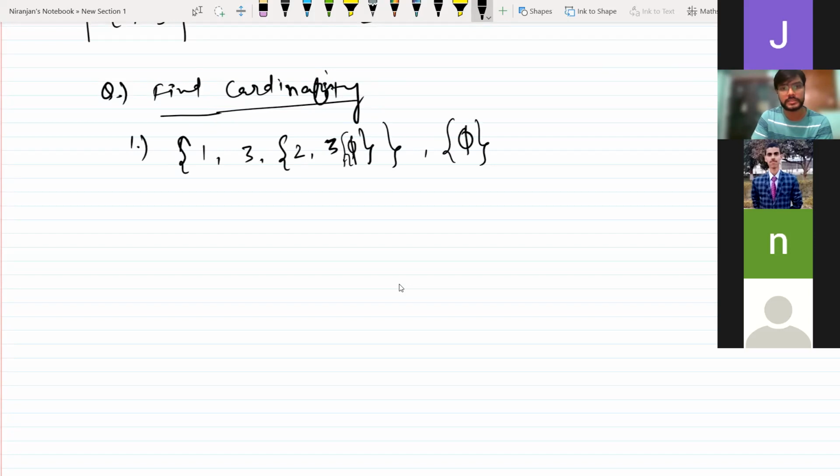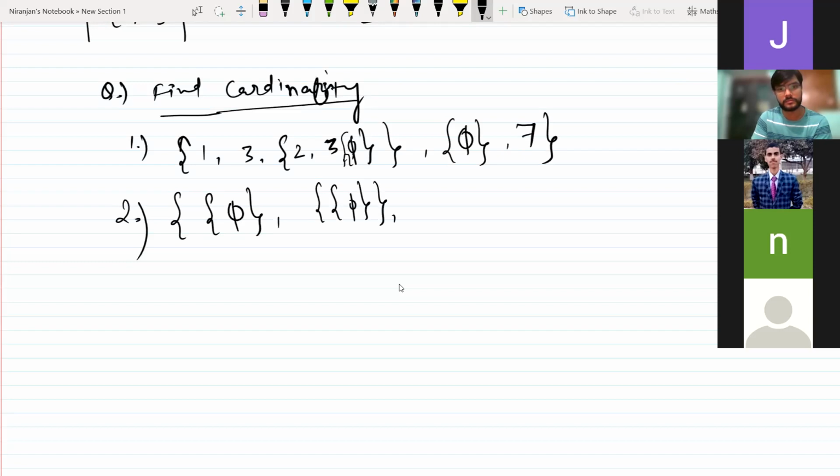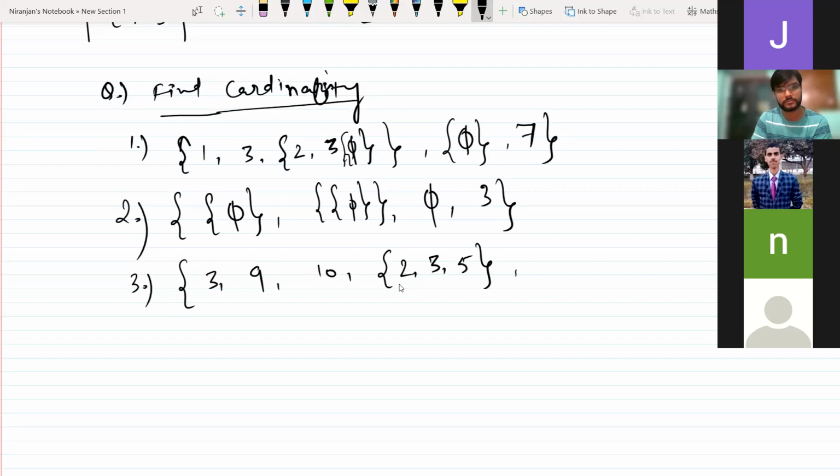Let me know if this is not visible. Yeah, I guess this would be fine. Calculate the cardinality of all these 3.